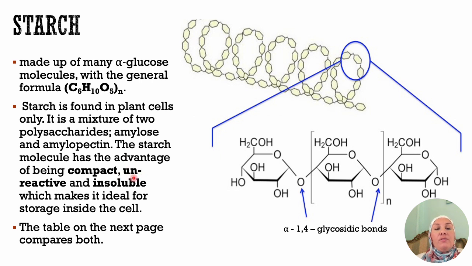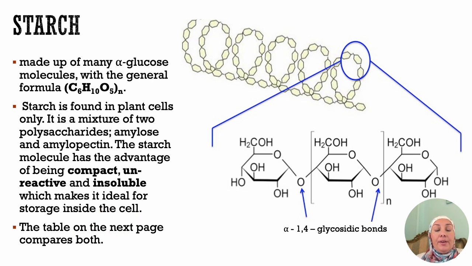It should also not be very reactive so that it doesn't dissolve in the water and move around and we lose it somewhere in the cell. So it should be insoluble and not very reactive. This makes it an ideal storage molecule to be found and made inside the cell.